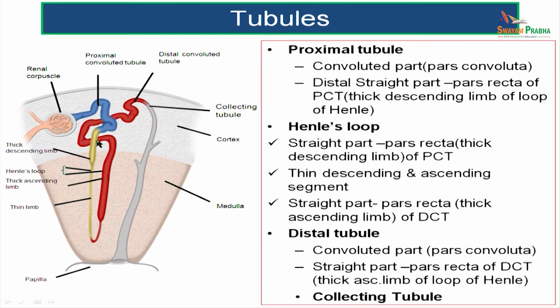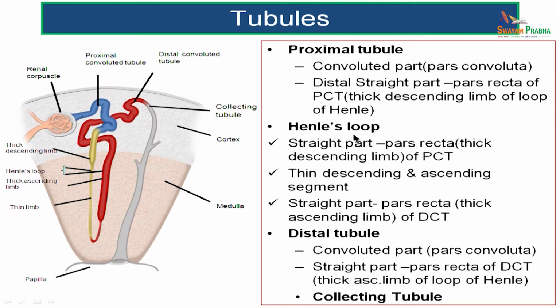It has a distal part called the pars recta of the proximal convoluted tubule, which is also called the thick descending limb of loop of Henle. So, the proximal tubule has pars convoluta solely in the cortex and a straight part, pars recta, which descends from the cortex into the medulla.